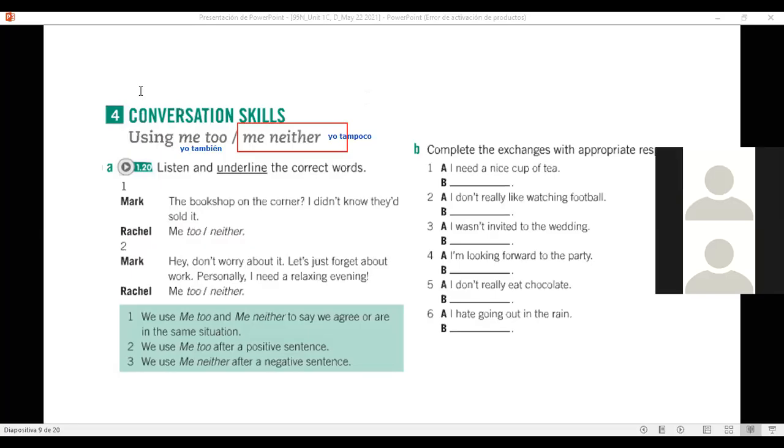Michael is going to read Mark's part, okay? Michael va a leer los de Mark. Y Rachel is going to be Jocelyn, okay? So Josie is going to read Rachel's part. So are you ready, guys? Michael and Josie?